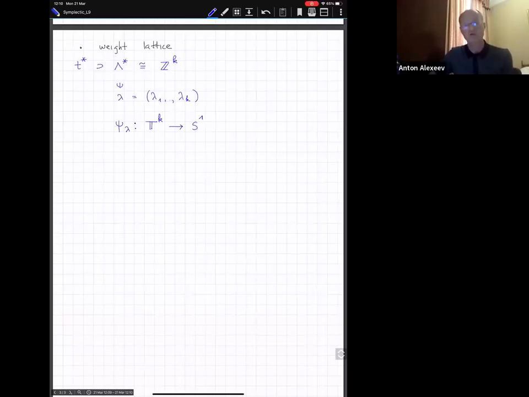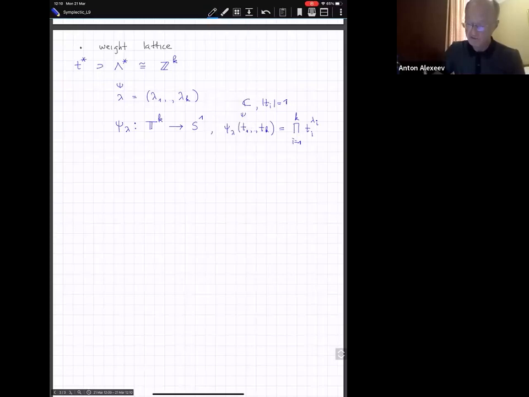Weights are homomorphisms from the torus to S1. And the formula is like this. We have an element T1, ..., Tk of our torus, where these are all complex numbers of absolute value equal to 1. And this image is simply equal to the product of Ti to the power lambda i.